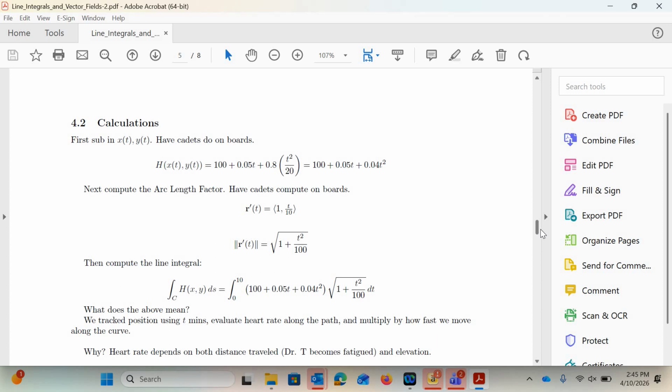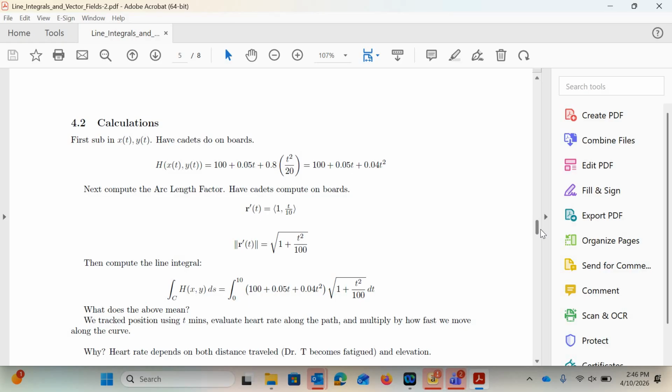Let me put this up on the board. So you have this r of t. It's your position vector as a function of time. You need to find the arc length. To find the arc length, step 1 is to take r prime of t, which is this. Good?